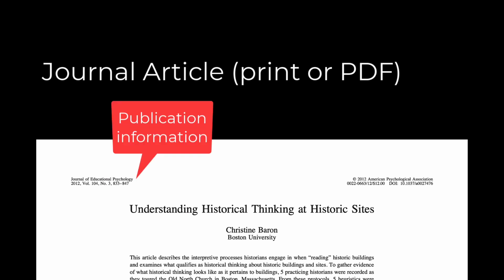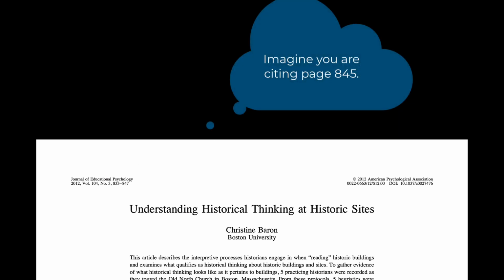Well, this was in the Journal of Educational Psychology, Volume 104, Number 3, which was in 2012. And the journal article started on page 833 and finished on page 847. And in our assignment, we're going to be quoting a sentence that we found on page 845.